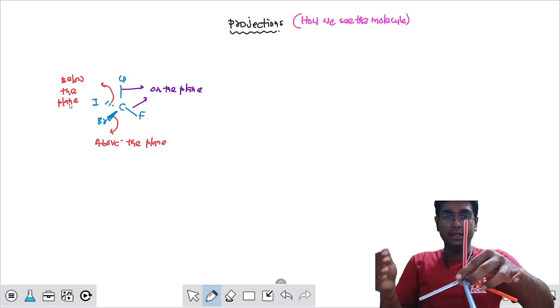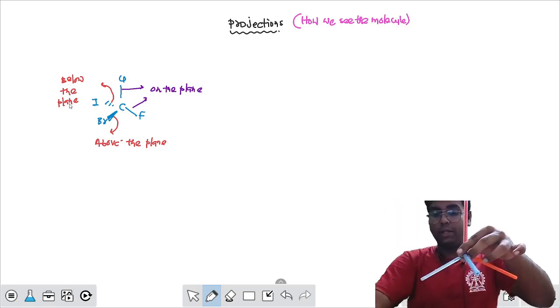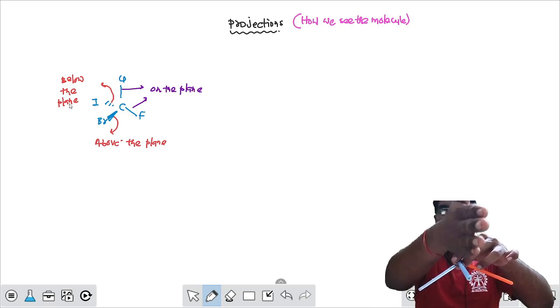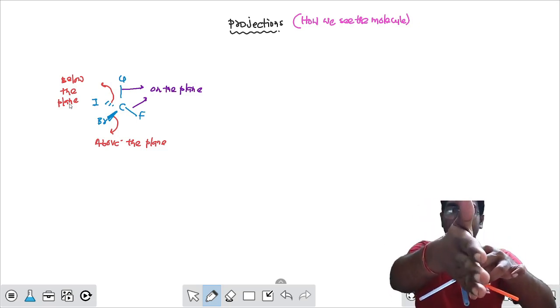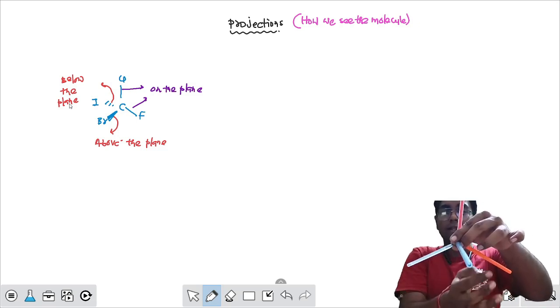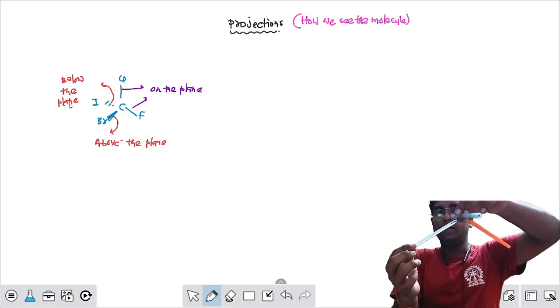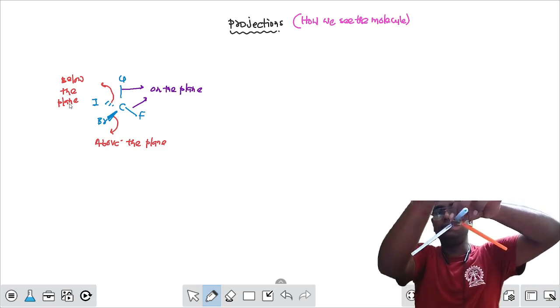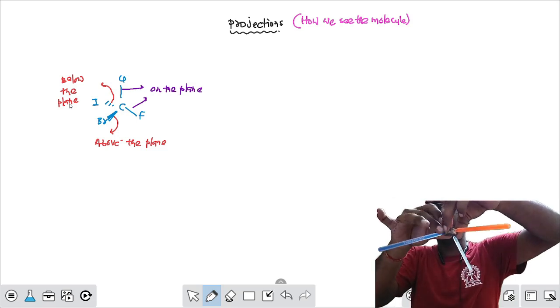We can see that this Cl and this fluorine are lying on the plane, which is bisecting these two bonds. For that plane, this orange one is out of the plane, and this other one is out of the plane too. Okay, now let's rotate this one.